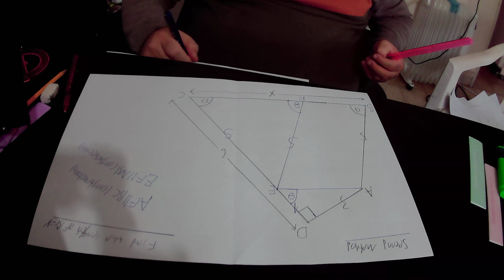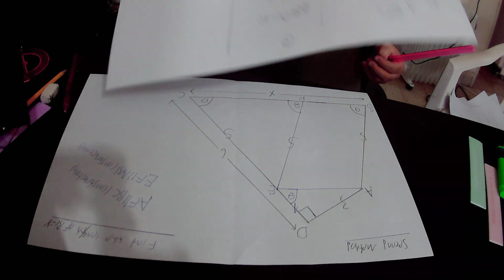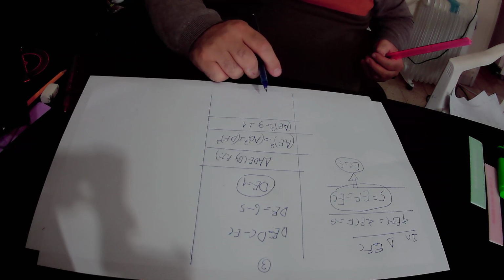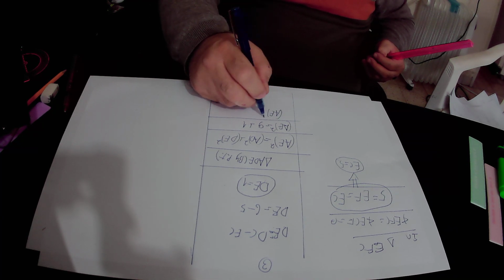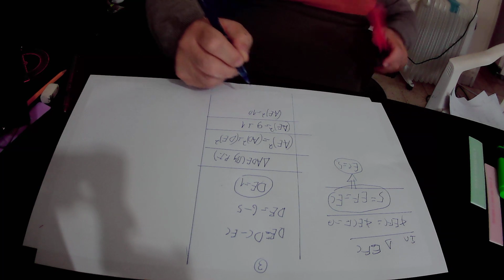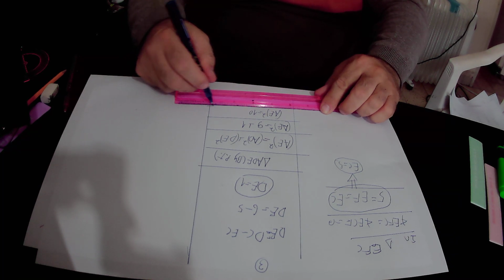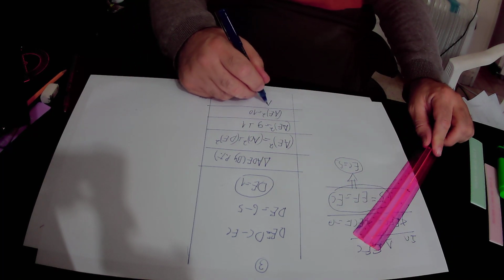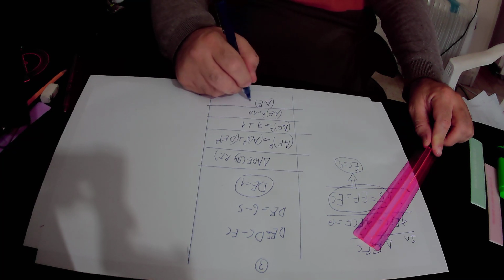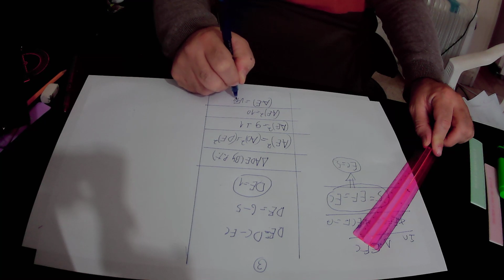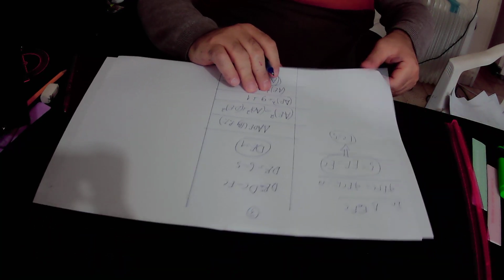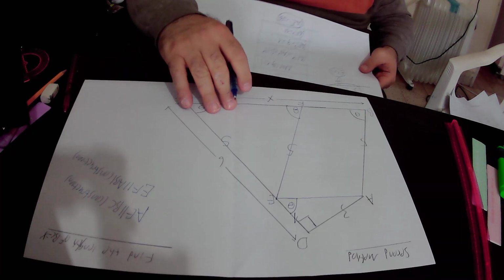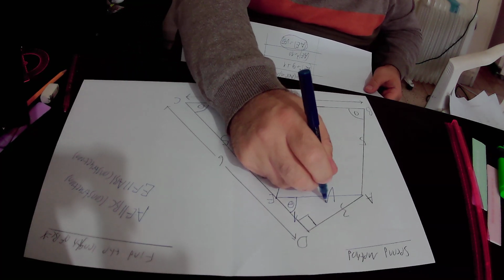So AE squared equals 9 plus 1, that is 10. Taking the square root, the missing hypotenuse AE equals the square root of 10.